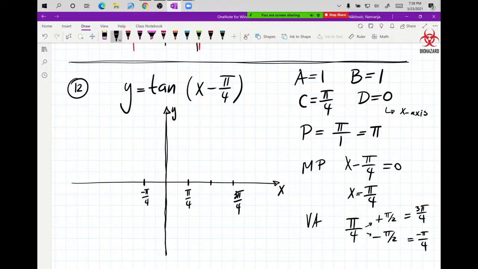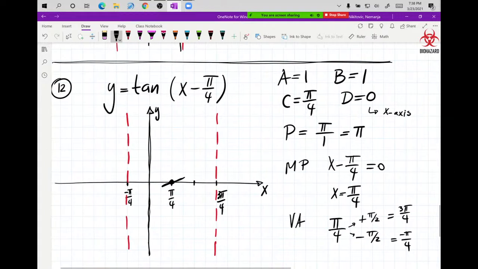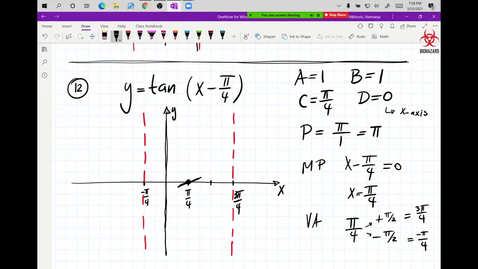Those are the three numbers. The two on the outside are vertical asymptotes, and the one in the middle is the midpoint. It's not flipped, which means it's going to go down, it's going to go up, and there's your principal tangent. You can keep repeating this as many times as you want.